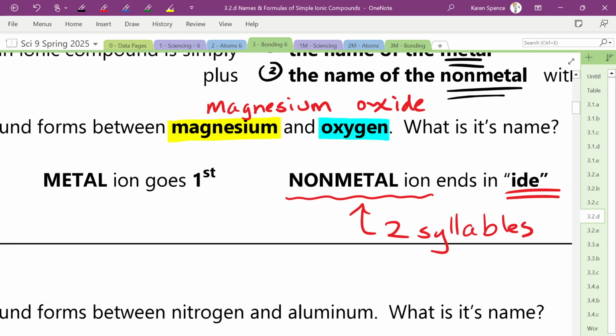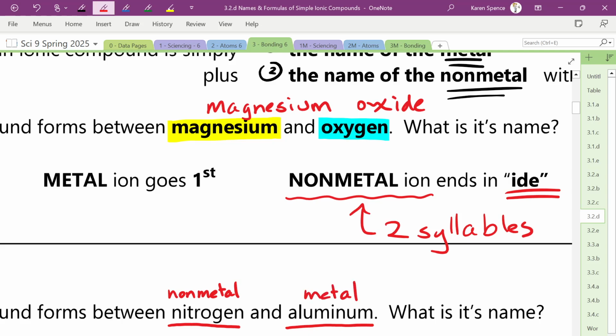A compound forms between nitrogen and aluminum. Is nitrogen a metal or a nonmetal? Nitrogen is a nonmetal. Aluminum is a metal.